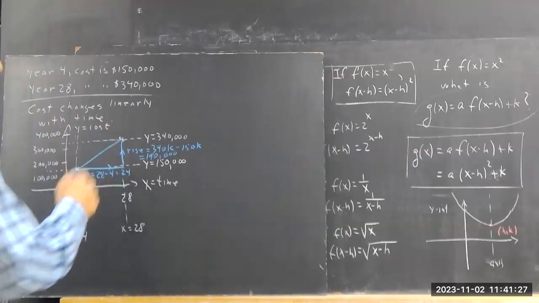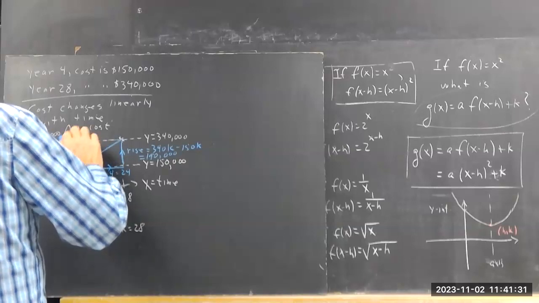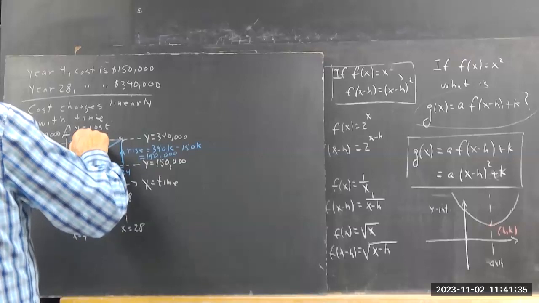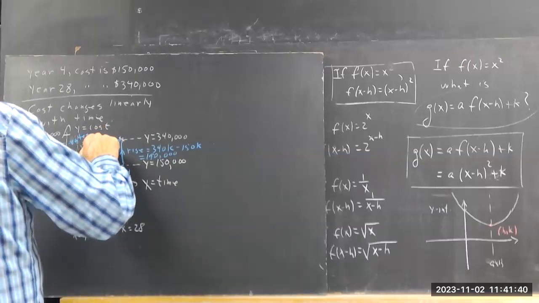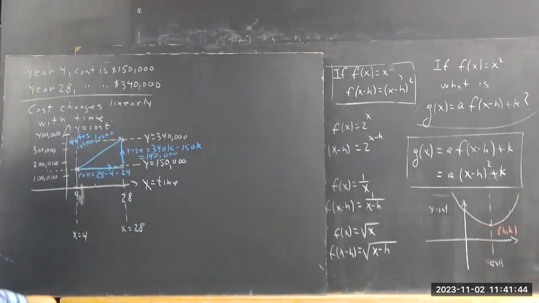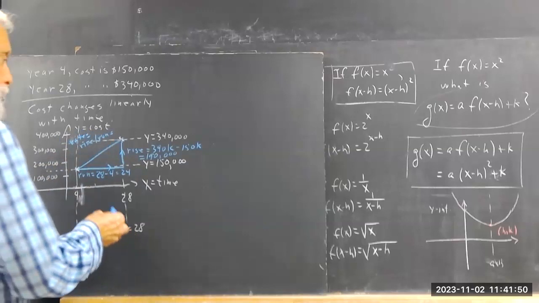and remember, slope is an average rate, okay? And since we have a linear function, we can just say rate. Rate is rise over run. Hopefully you'll be able to see this clearly, more or less, on the video.